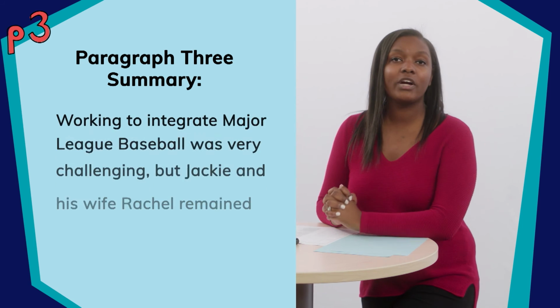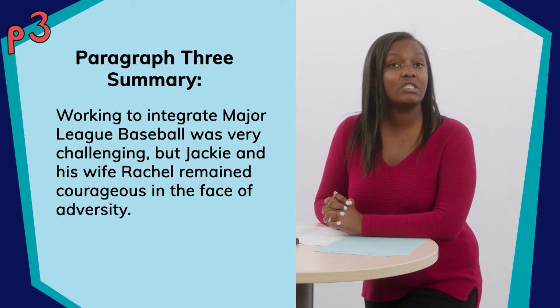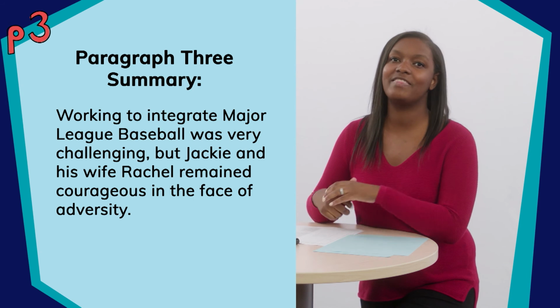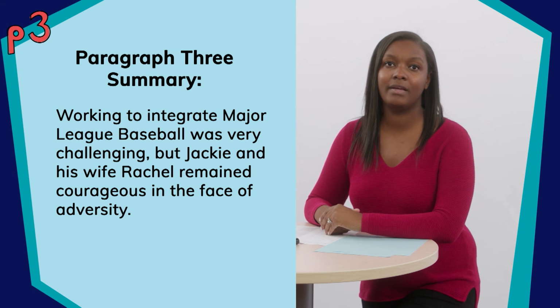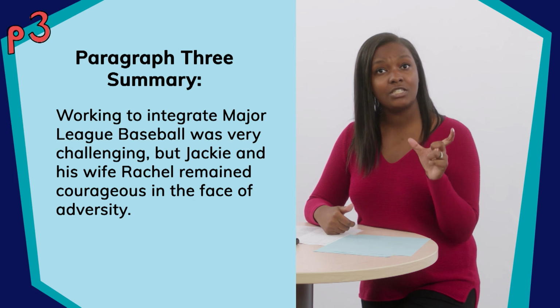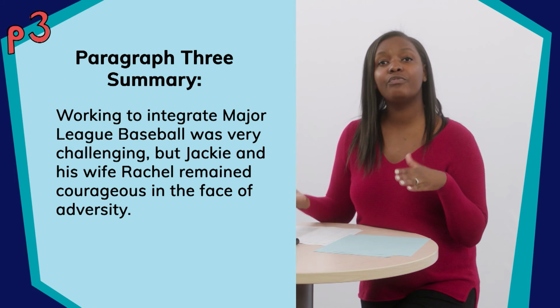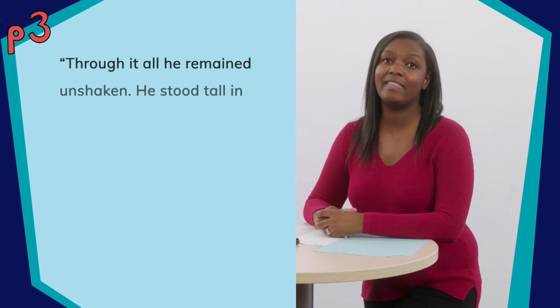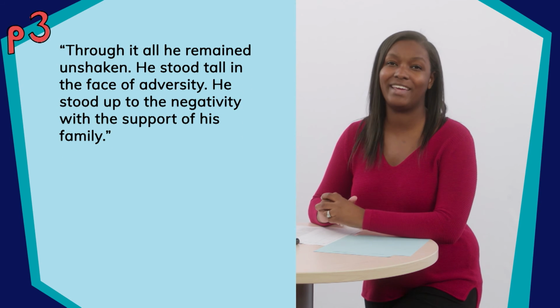I wrote, working to integrate Major League Baseball was very challenging, but Jackie and his wife Rachel remained courageous in the face of adversity. I used a topic sentence as my starting point for the summary and knew from reading it that the author's main point for this paragraph was to highlight how tough integrating Major League Baseball was for Jackie.